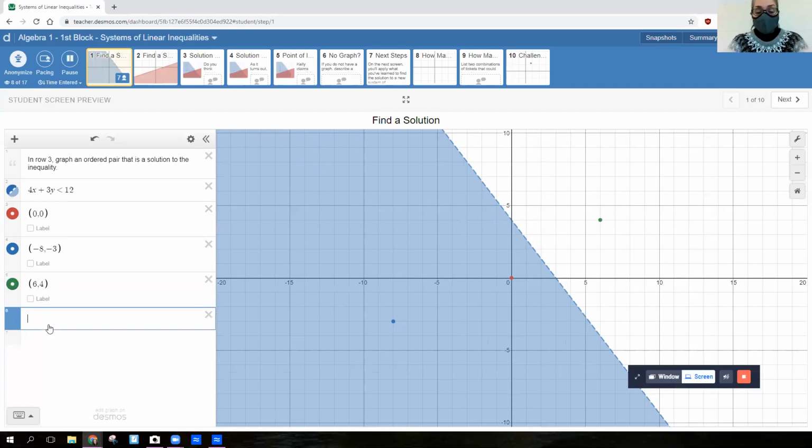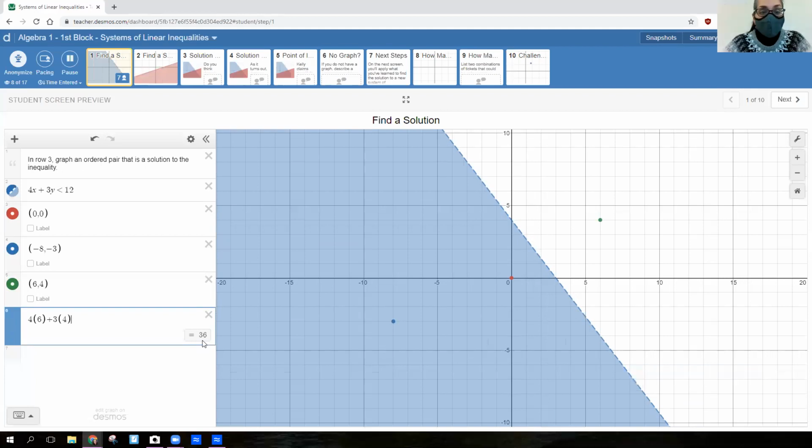So it would be 4 times 6 plus 3 times 4, like that. So do you see how, after I finish putting the 4 in the little gray box, it says equals 36. So that means that this is what this expression equals.